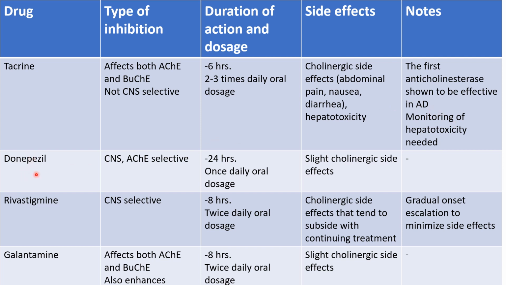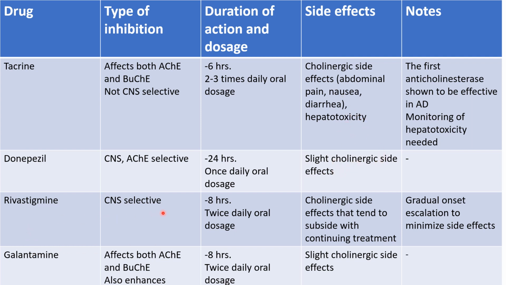Next drug is donepezil. It is CNS selective and also affects only acetylcholinesterase enzyme that is present in CNS. It has to be given once daily, and it has less severe cholinergic side effects than tacrine.